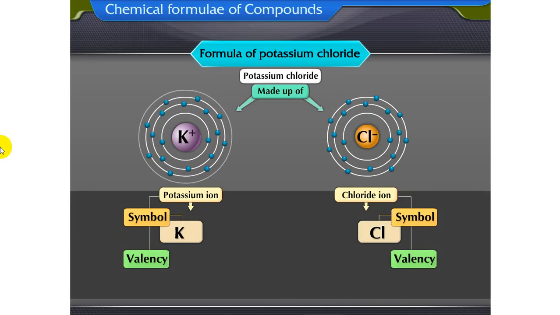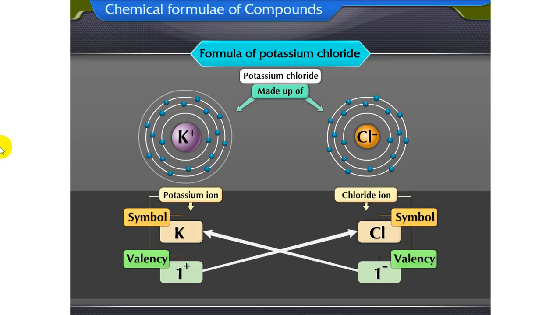The valency of potassium ion is 1 plus and that of chloride ion is 1 minus. Now cross over the valencies of the combining ions. The crossover valencies are written as subscripts with the ions but without their charges. Since the valency of both the ions is 1, the formula of potassium chloride is written as KCl.